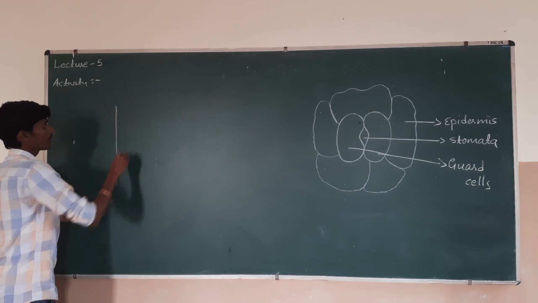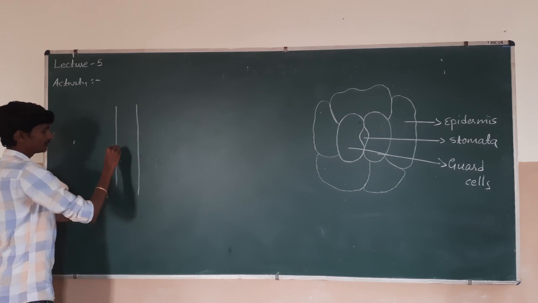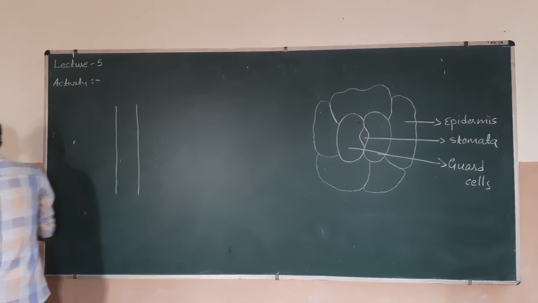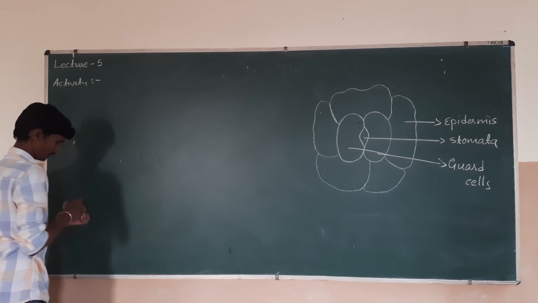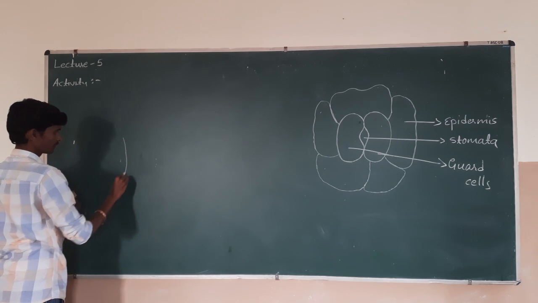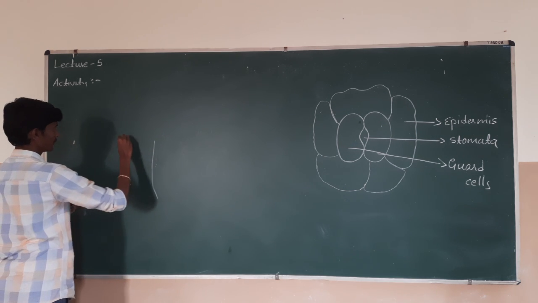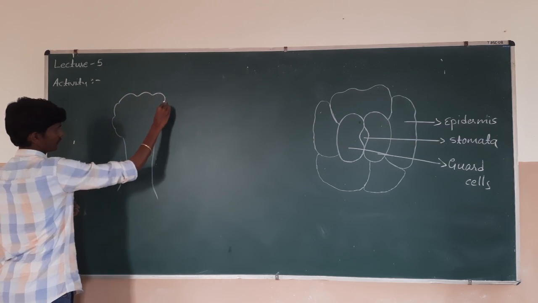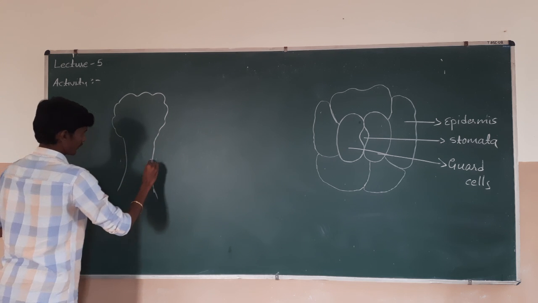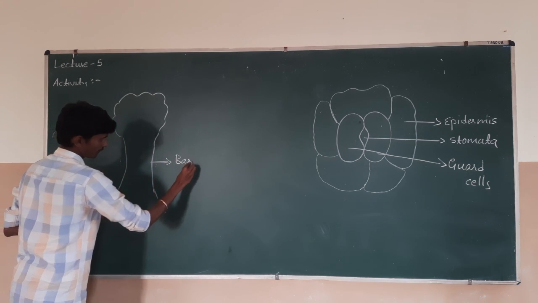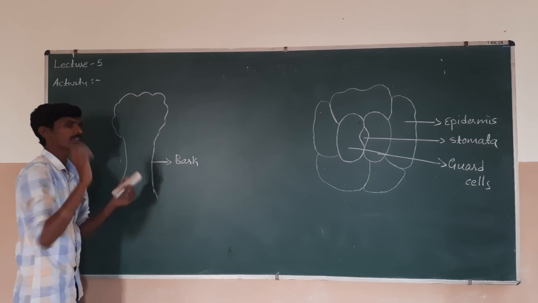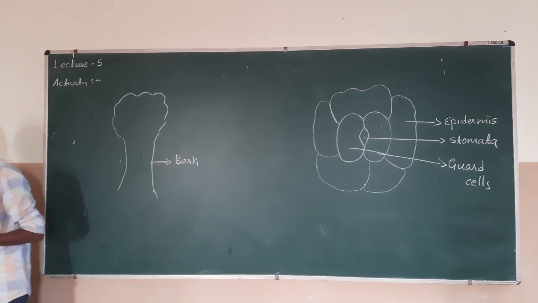This is a tree. This is bark. How is it formed?